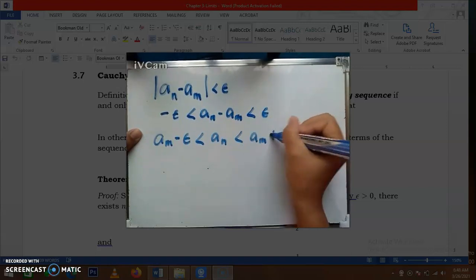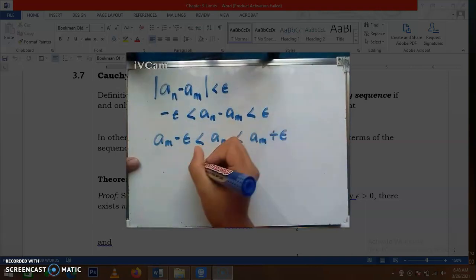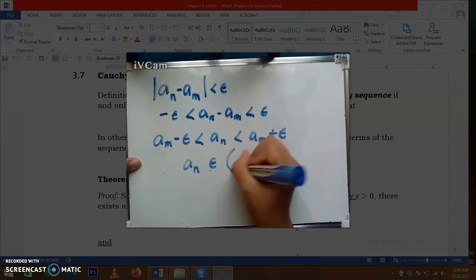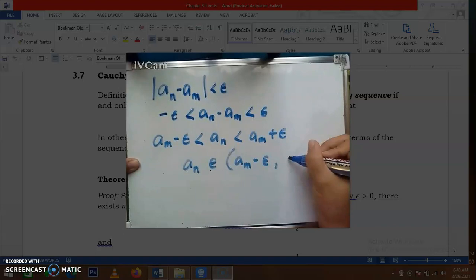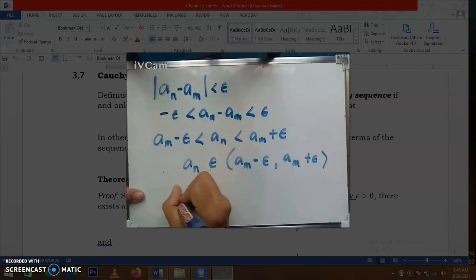this one. So notice if we have this inequality, we say that this term here, a sub n, belongs to the open interval a sub m minus epsilon, a sub m plus epsilon. So let us try to consider the real number line.